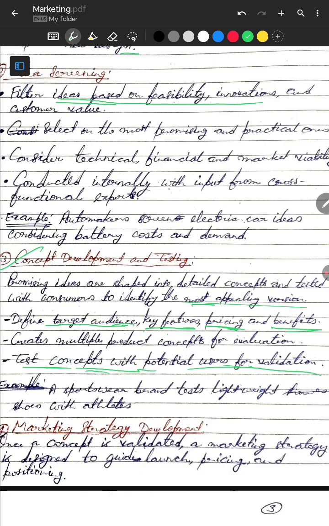The example given here: a sportswear brand tests lightweight shoes with athletes. For example, a sportswear brand developed a new concept of lightweight shoes, and they discussed with the athletes that if the shoe weight is this much, and this is the shape and the design of the shoe.